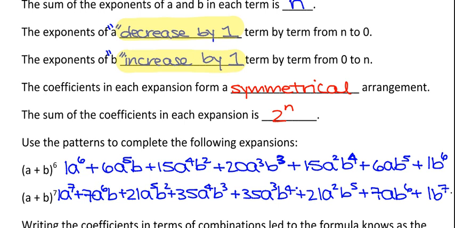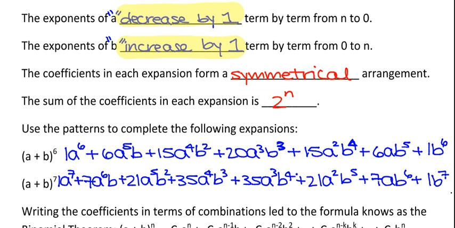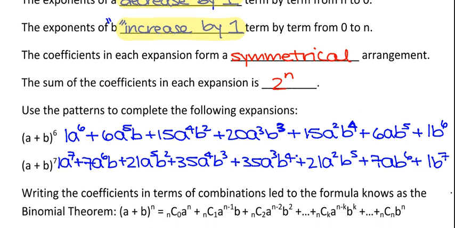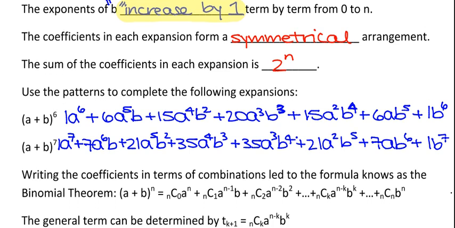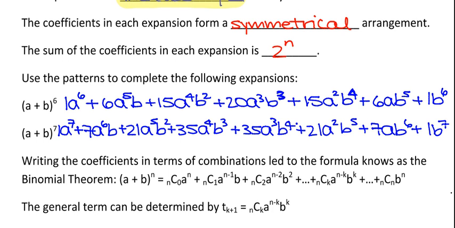So again, building from the question in your last day's homework that was on Pascal's triangle, the coefficients in Pascal's triangle can be written in terms of combinations, so n choose r, that led to the formula known as the binomial theorem.